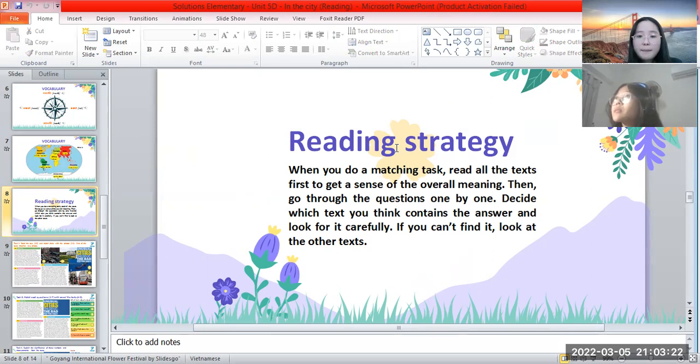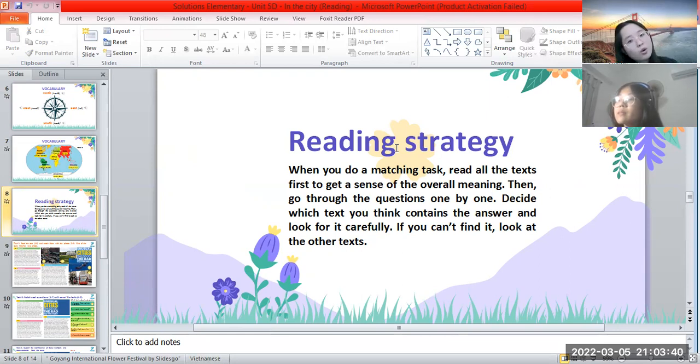So when you do a matching task, this strategy is about matching headings. Read all the text first to get a sense of the overall meaning.